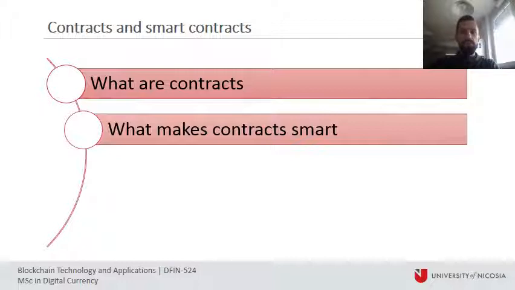A good definition of a smart contract by Bartoletti and Pompianu is that smart contracts are computer programs that can be consistently executed by a network of mutually distrusting nodes without the arbitration of a trusted authority.